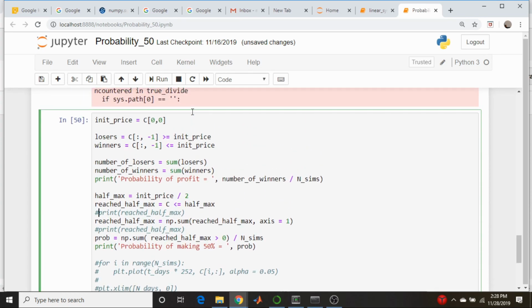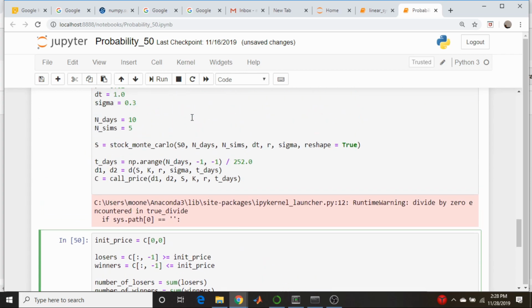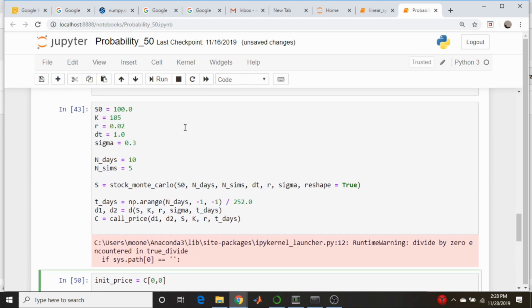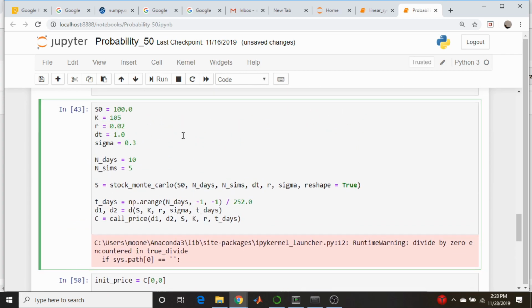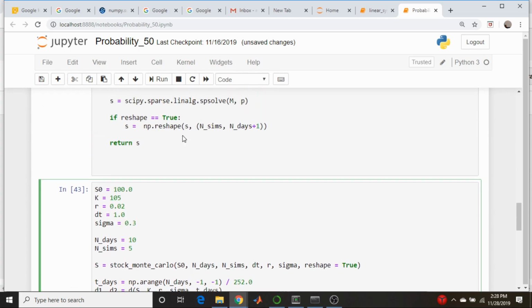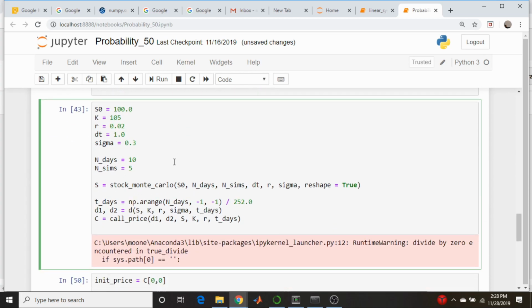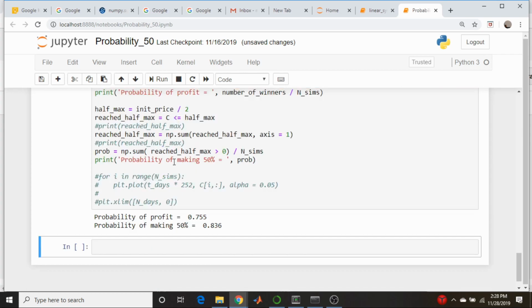Okay, let's go back here and change these number of simulations and days to, again, more reasonable numbers. So let's go 30 days, and let's do 1,000 simulations. Run. So the probability of making 50% in this case is 83.6%.